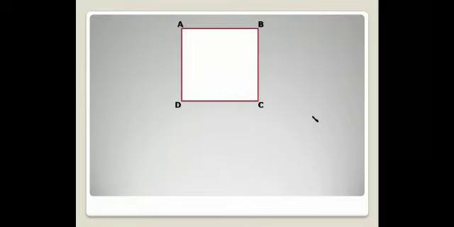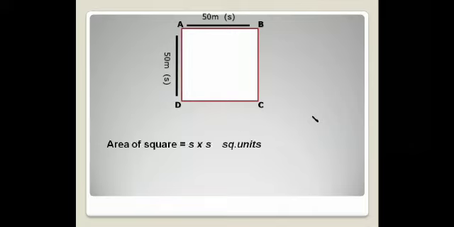Now we'll find the area of a square ABCD. Okay. Now all the sides of the square are equal. So here it is 50 meters. So all the four sides will be 50 meters only. So area of a square is side into side.